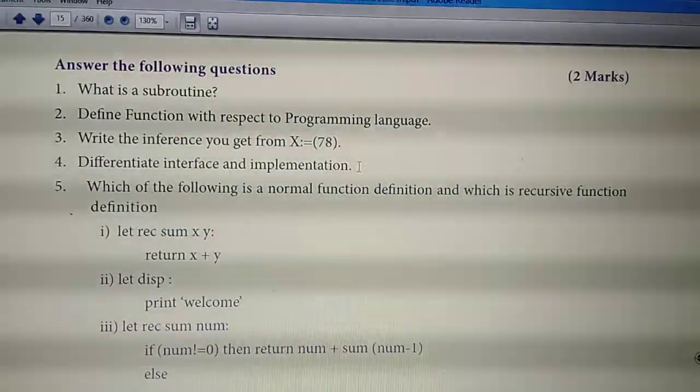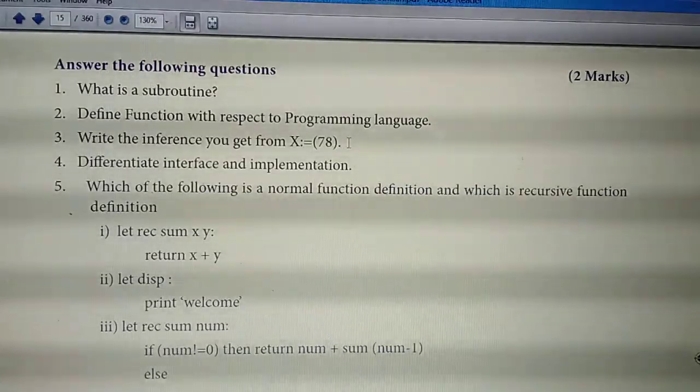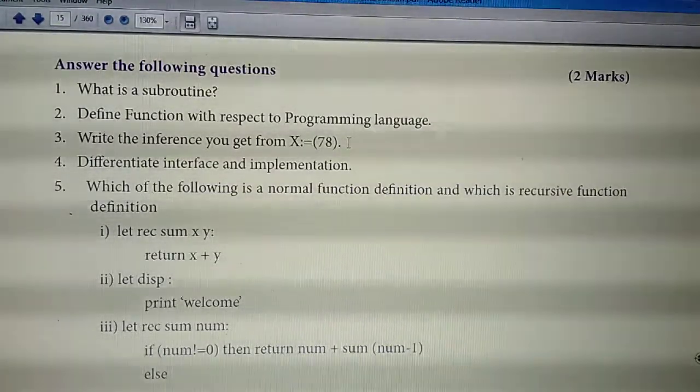Third question answer, I am dictating, you write in one line, okay? Value 78. Write the answer here.